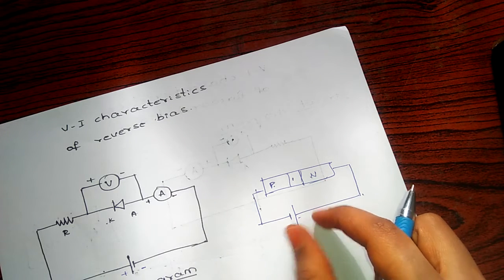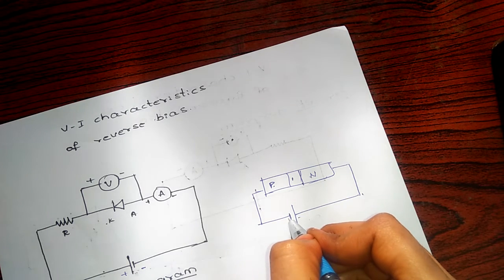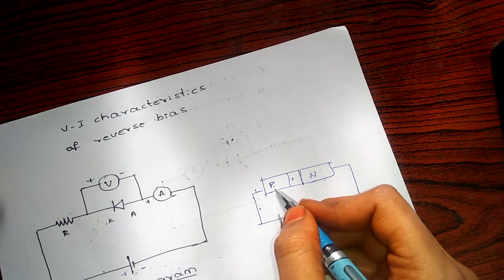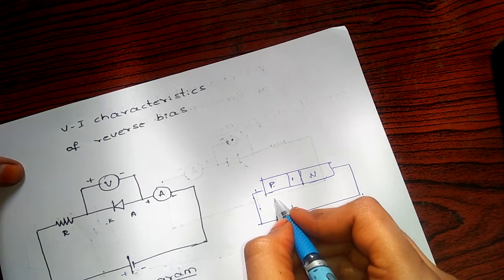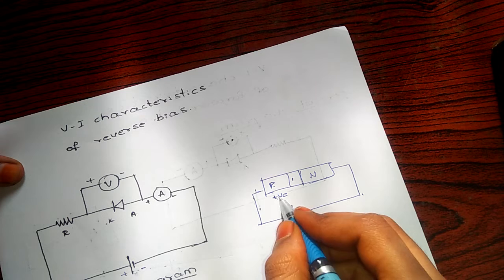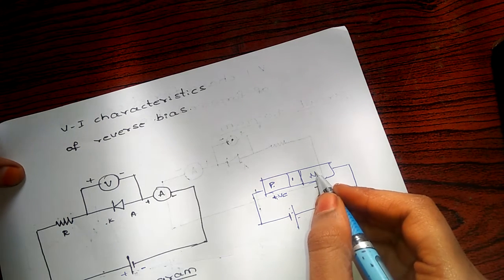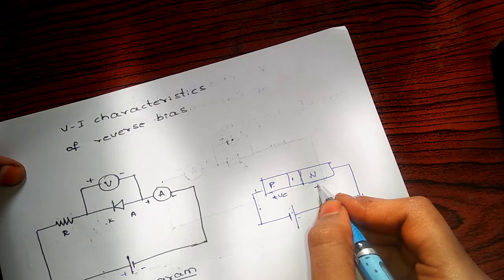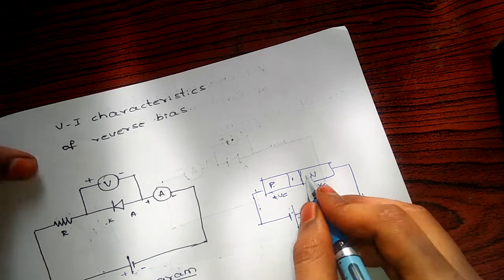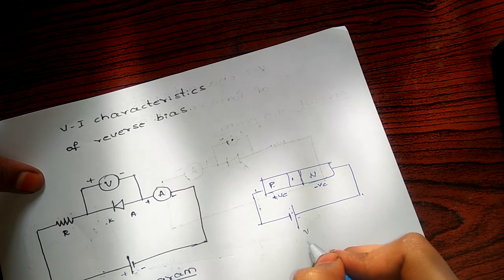Whenever we increase the voltage, the majority charge carriers will be attracted towards the terminals because they are of opposite charges. See, holes are positive, where it is a negative terminal. So both are opposite, so they attract each other, right? And here the majority carriers are electrons, which have a negative charge, so they are attracted towards the positive terminal of the battery.